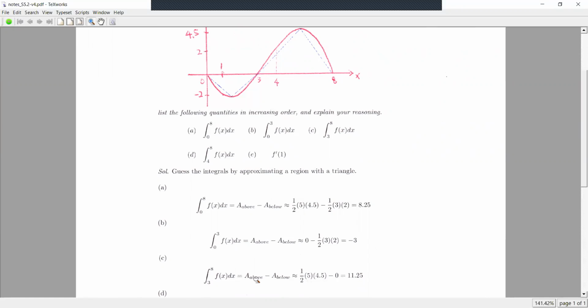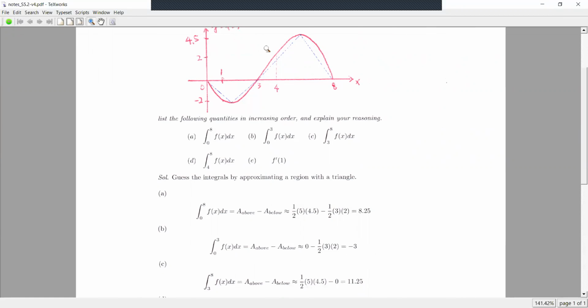The area above the x-axis is this area. I use this triangle to estimate it. The area of this triangle is this number. Therefore, this integral from 3 to 8 is roughly 11.25.